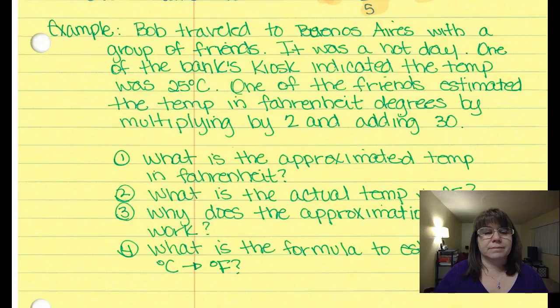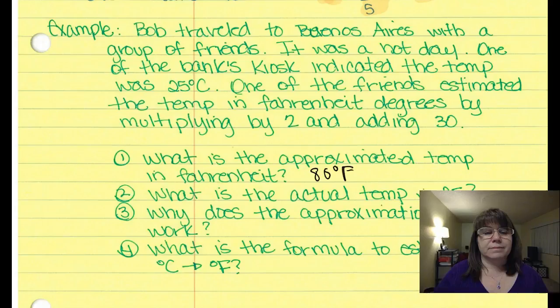One of the friends estimated the temp in Fahrenheit degrees by multiplying by 2 and adding 30. So what's the approximated temp? We're going to take 25, multiply by 2, which is 50, add 30, which is 80. So 25 degrees Celsius is approximately 80 degrees Fahrenheit.